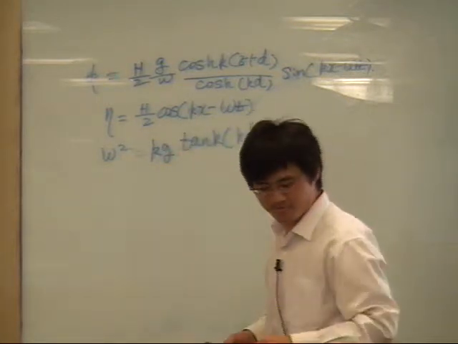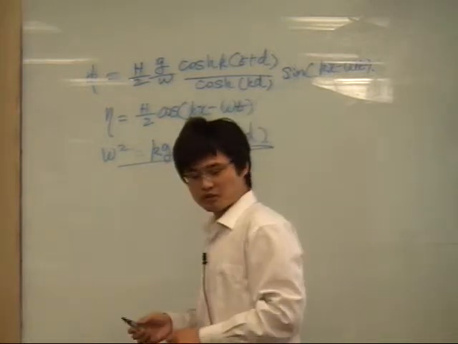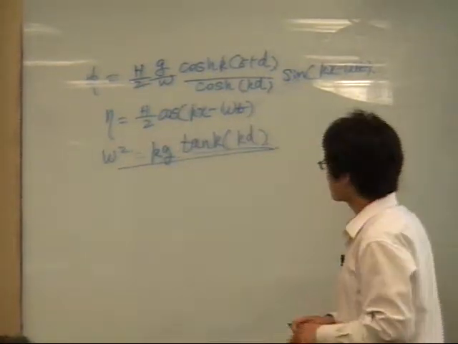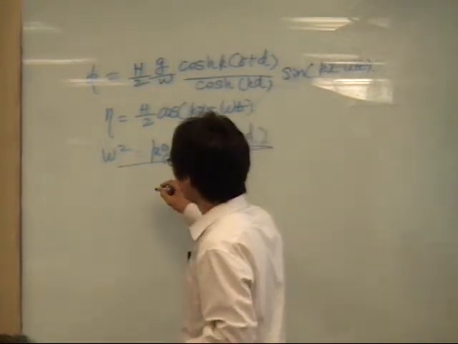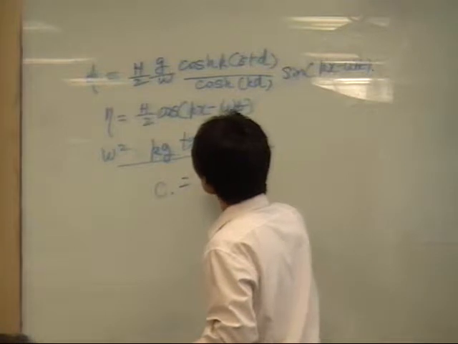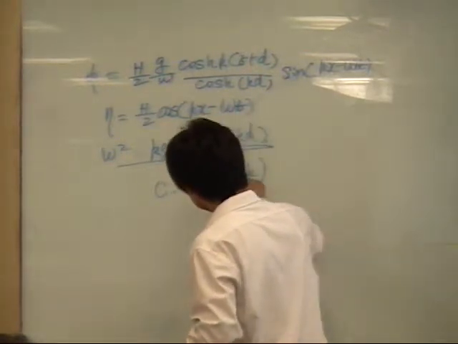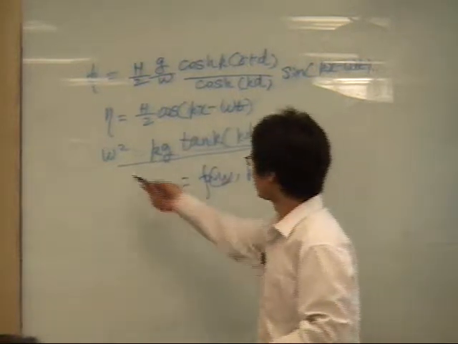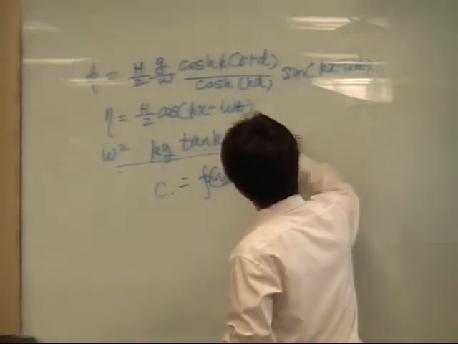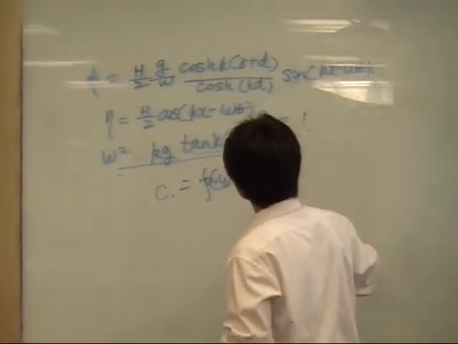Anyway, good. So we have this dispersion relation. So the waves are dispersive. What does dispersive mean? That means the velocity of the wave is a function of wave number or wave frequency. So for deep water, this one goes to 1, right?